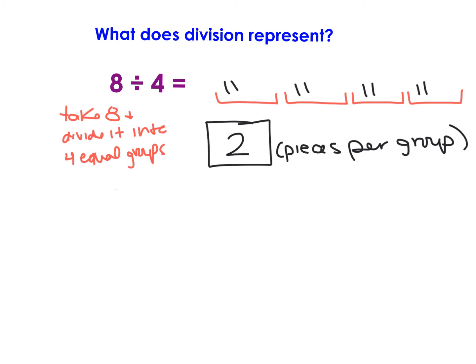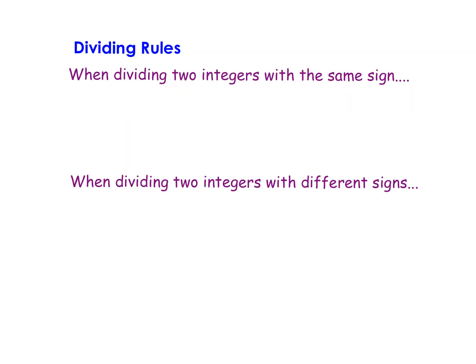The answer is 2. And just like with multiplication, dividing has rules as well when it comes to determining whether the result will be positive or negative. Luckily, these dividing rules are the exact same as multiplication. So we can quickly write those down because we already know our multiplication rules.